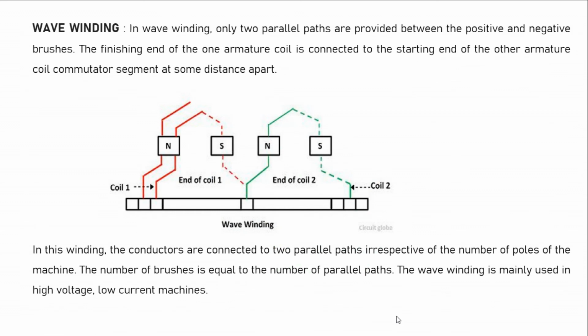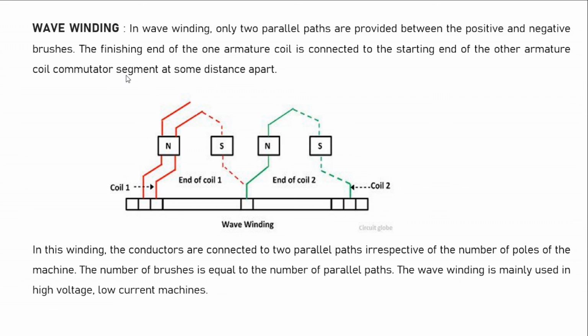In wave winding, only two parallel paths are provided between the positive and negative brushes. All conductors are placed in these two parallel paths only, irrespective of the number of conductors present.